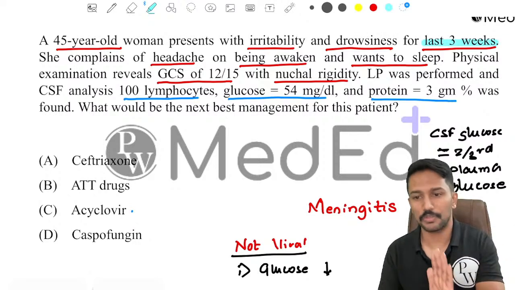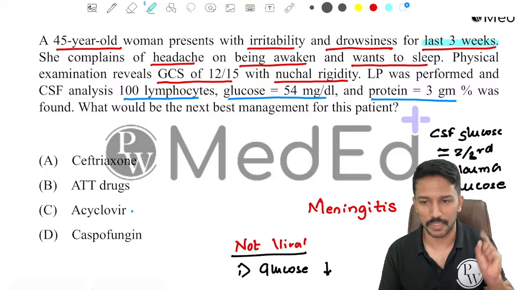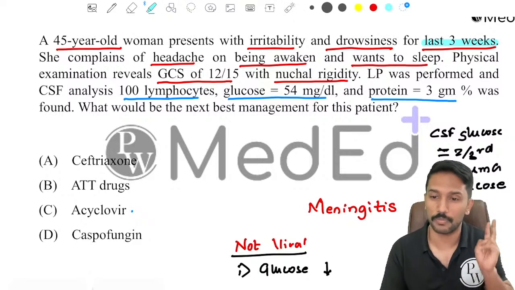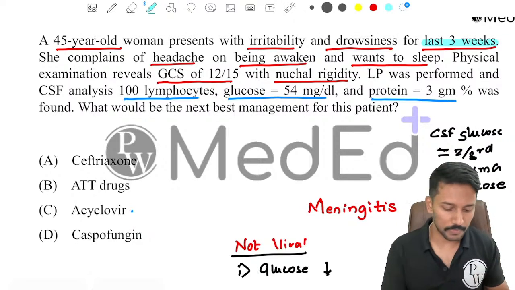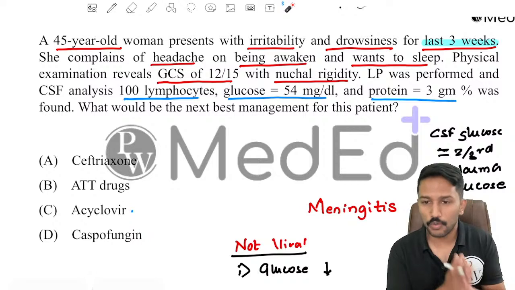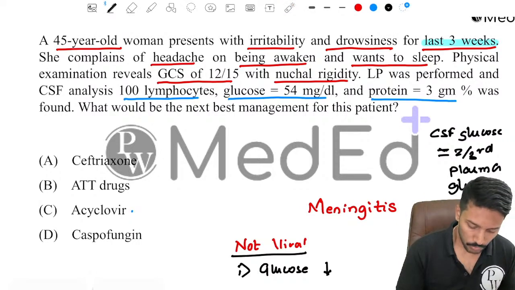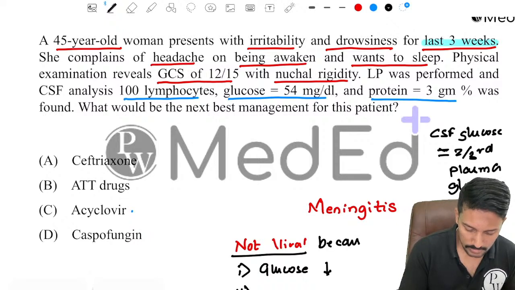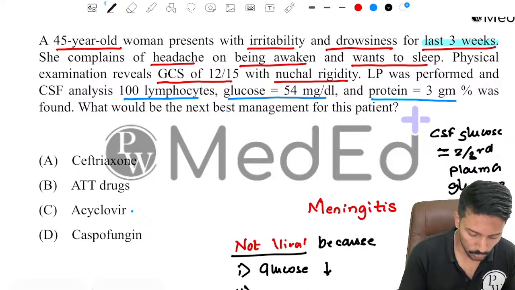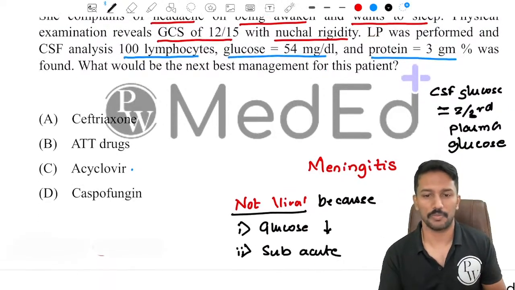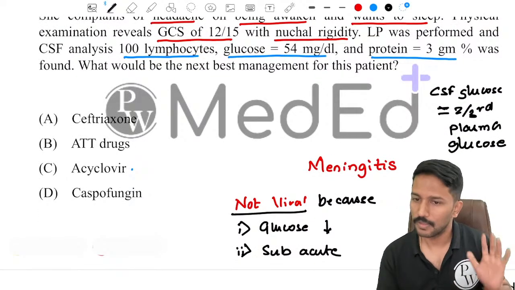There is no continuation of the disease by 3 weeks. So the only differential diagnosis here would be tubercular meningitis and fungal meningitis, right? So here it's not viral because the glucose is low and it is a subacute presentation, not an acute presentation. Because of these 2 reasons, it is not viral.